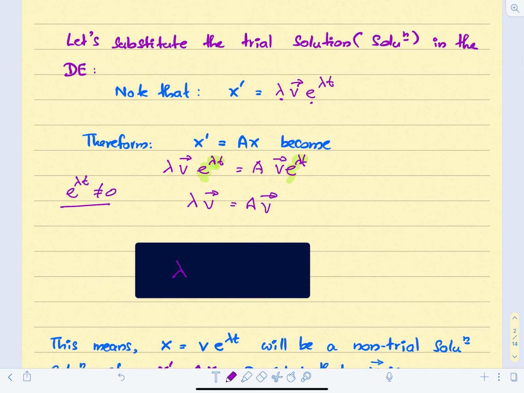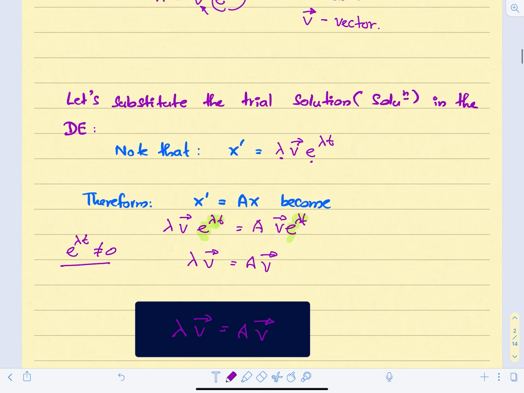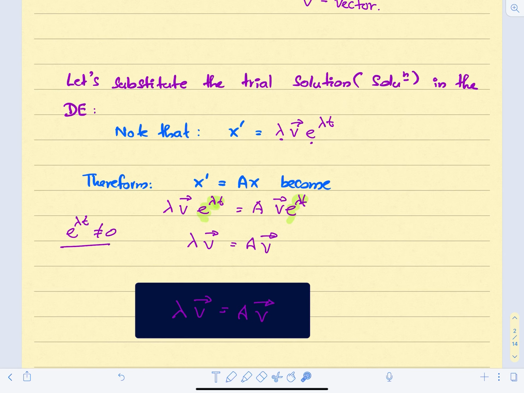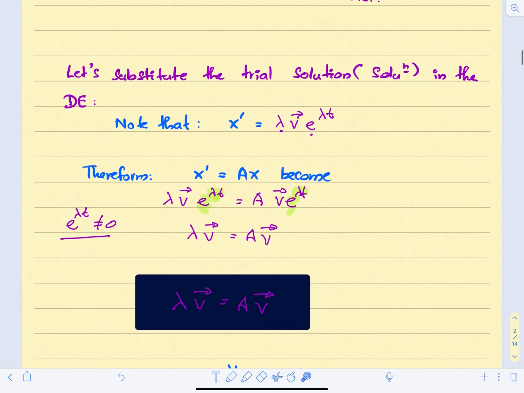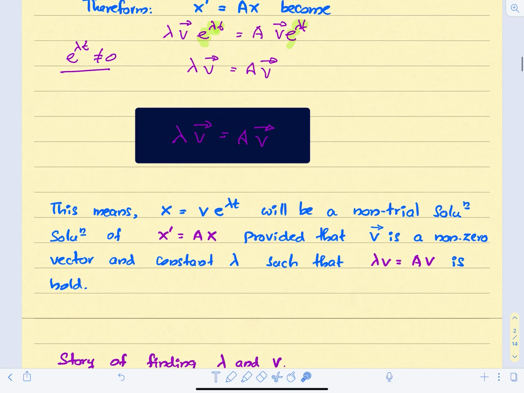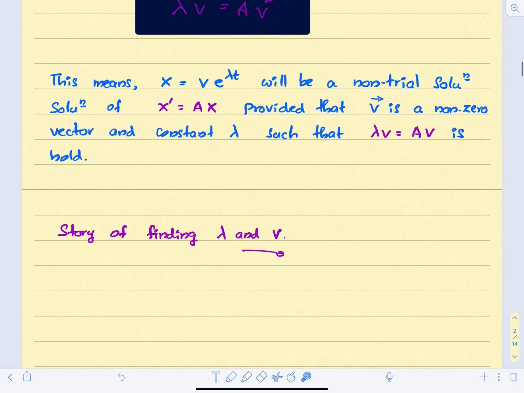So this means if our v and lambda satisfy this equation, then we have our solution. Now here we need to find two things. We need to find the lambda value and we need to find the vector v. So how do we find these two quantities?